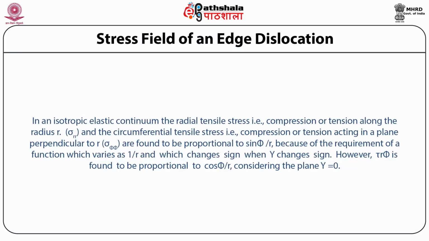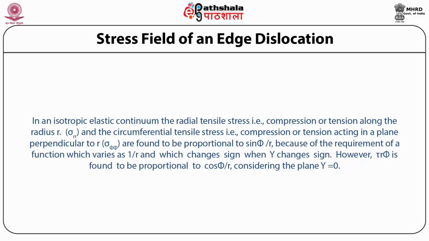In an isotropic elastic continuum, the radial tensile stress, that is compression or tension along the radius r, sigma rr, and the circumferential tensile stress, that is compression or tension acting in a plane perpendicular to r, that is sigma phi phi, are found to be proportional to sine phi by r because of the requirement of a function which varies as 1 by r and which changes sign when gamma changes sign.